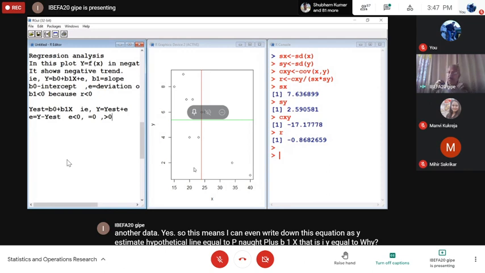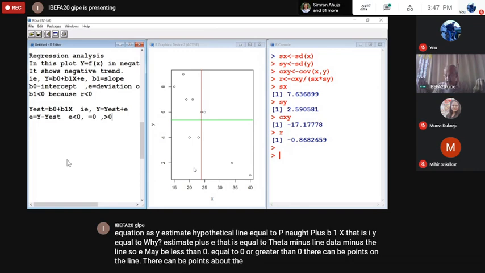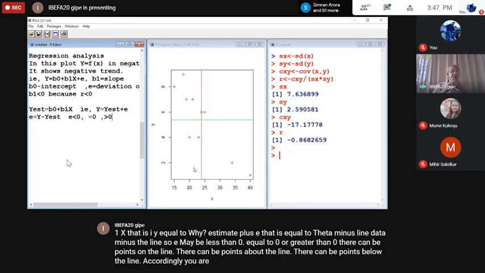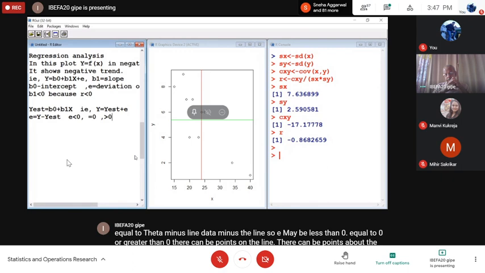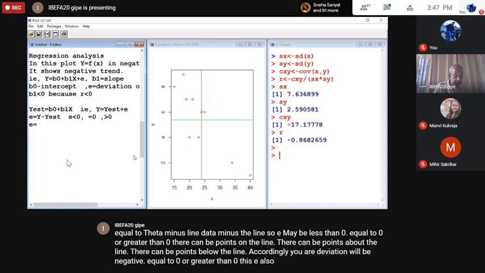There can be points on the line. There can be points above the line. There can be points below the line. Accordingly, your deviation will be negative, equal to 0, or greater than 0. This E is also called the residual of regression.